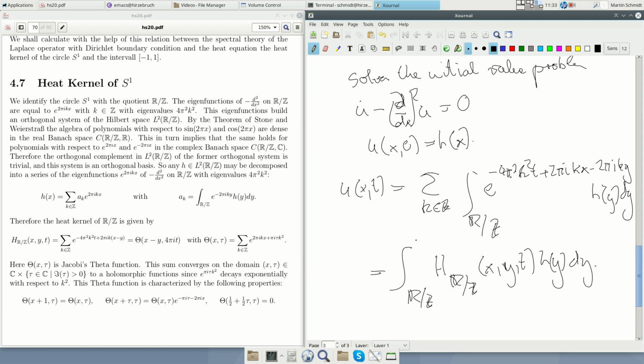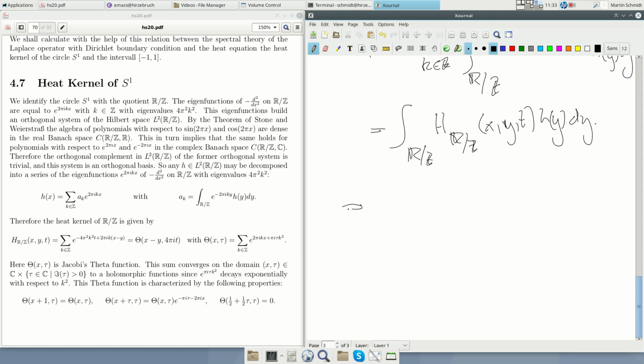Yeah, this we can take as a definition of the heat kernel. So this gives that the heat kernel of the circle, K(x, y, t), is just the sum over the integers of exponential of minus 4π² k² t plus 2πi k times (x minus y).